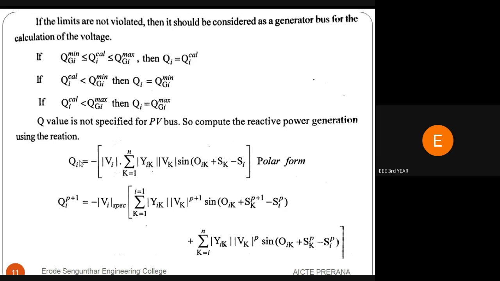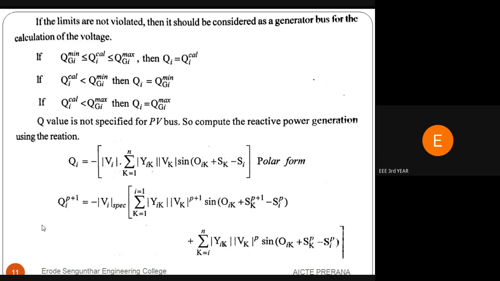So compute the reactive power generation using the relation. We have to calculate it with this relation: Q_i is equal to minus |V_i| times the summation of k equal to 1 to N of |Y_ik| |V_k| sin(θ_ik + δ_k − δ_i), for polar form.